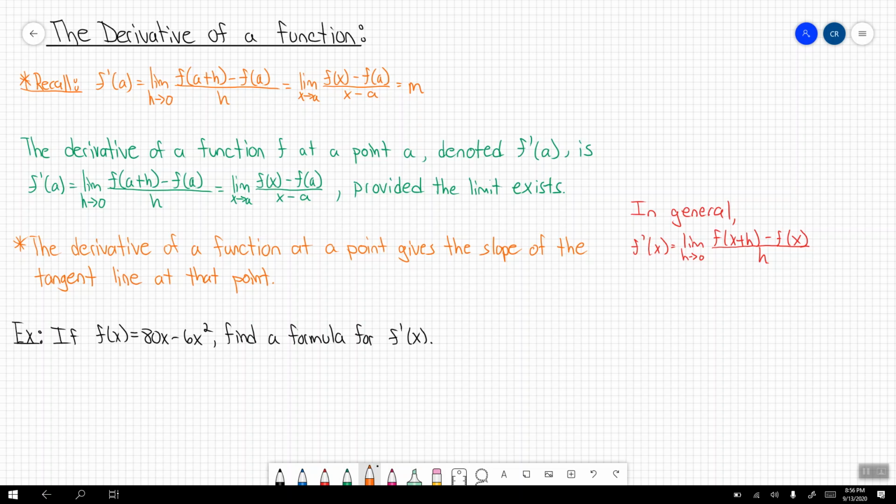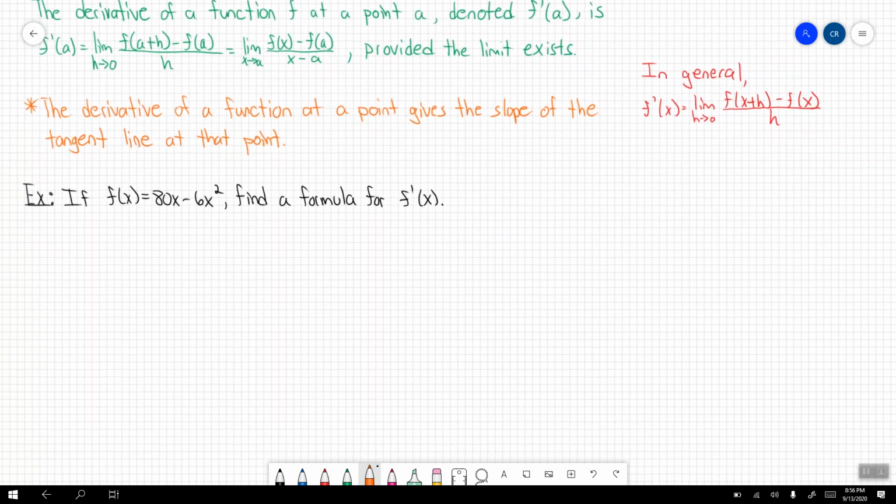Now again, in order to find this formula, we have to stick to the definitions that we're using. There are two different definitions that you can use. Number one, you can work with the difference quotient and then take that limit. Or number two, we can work with the average rate of change and take the limit of that function.